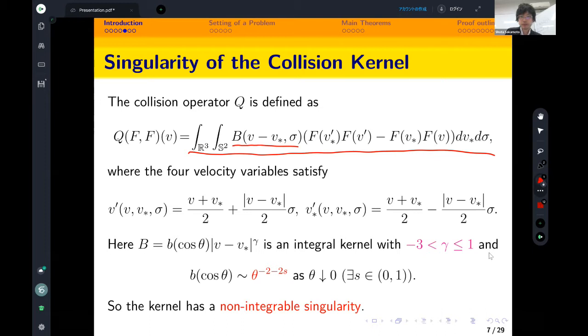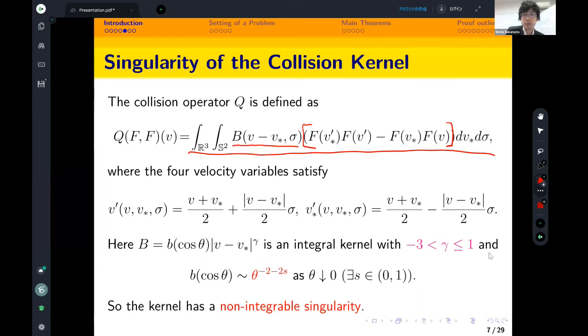And this difference part here gives the probability of gaining or losing velocity v. Oops, maybe I should have said that this collision operator makes another kind of probability density from two densities f. And we could put g, but for simplicity, I put two f's here.